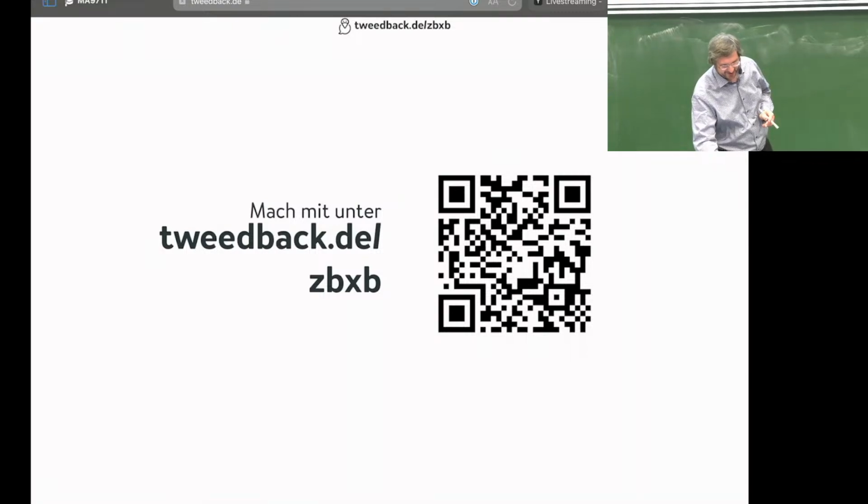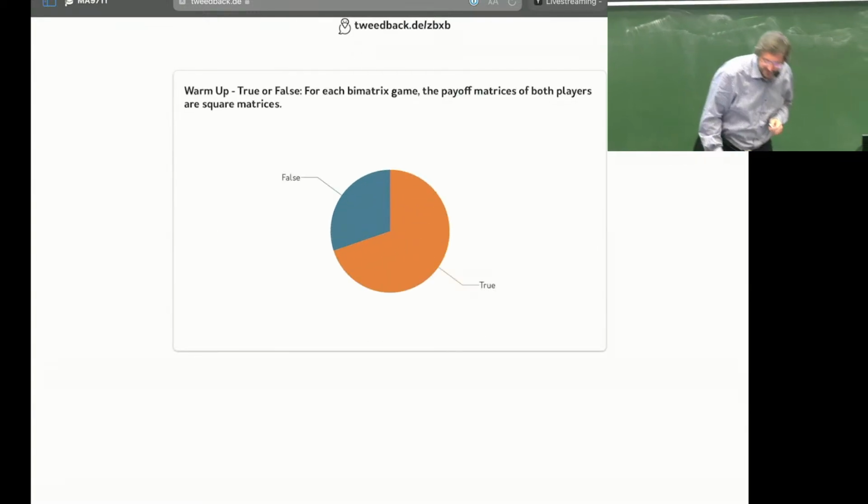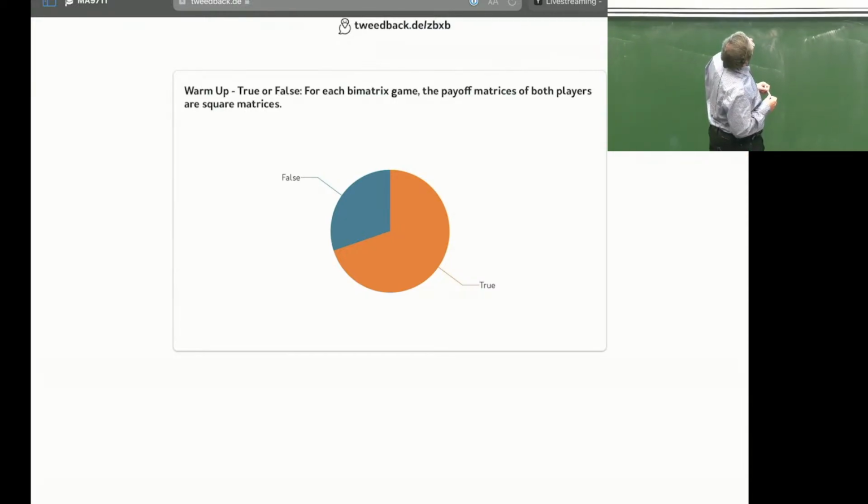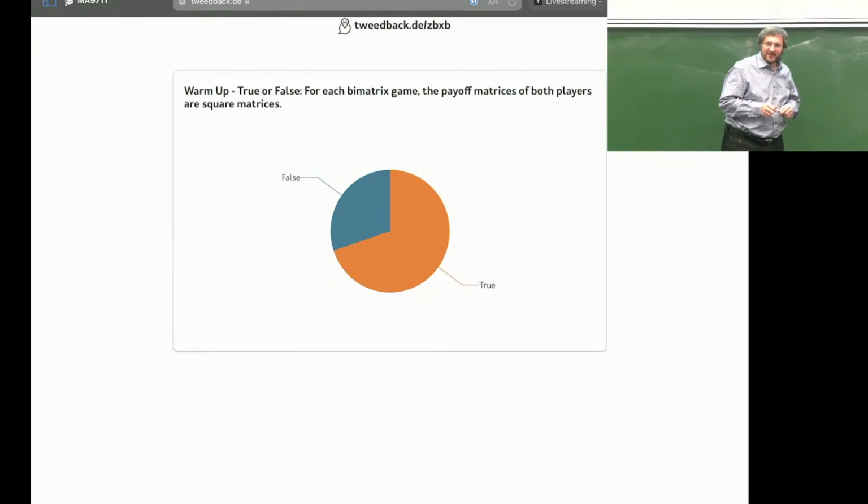We can take a look at the results. So here is your vote. Most of you said the payoff matrices of both players are square matrices. That is true, and most of you are wrong.